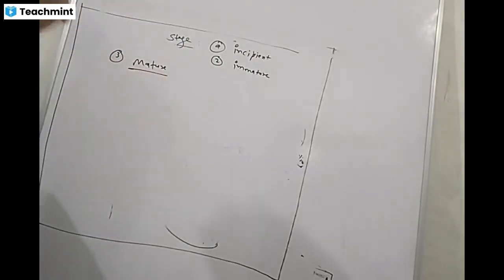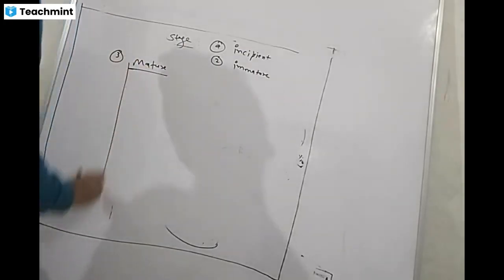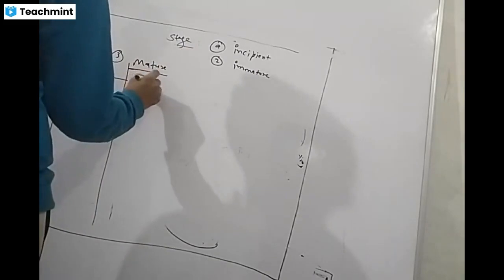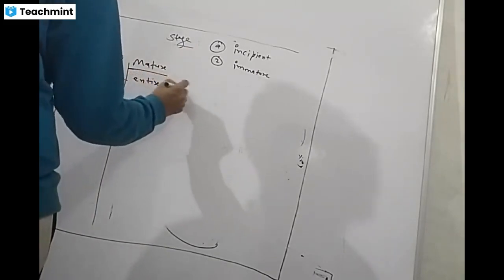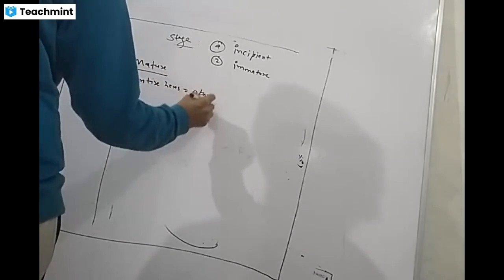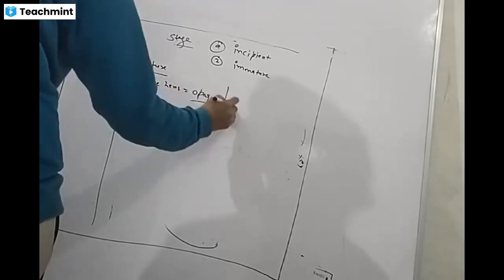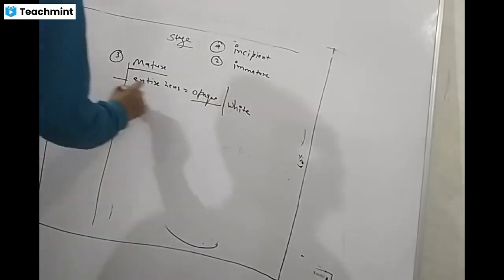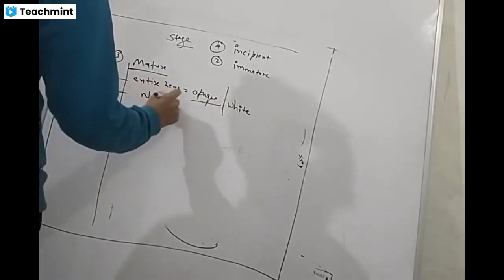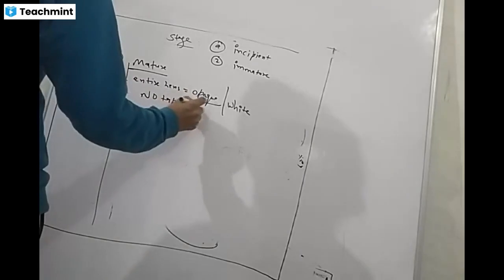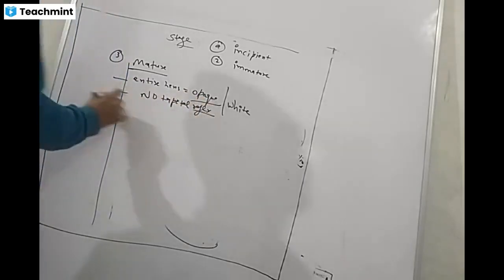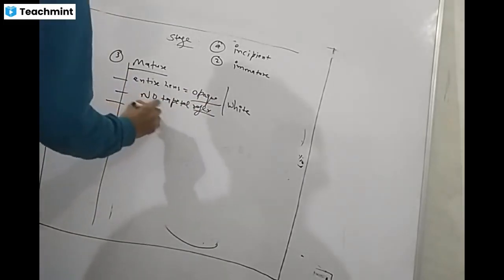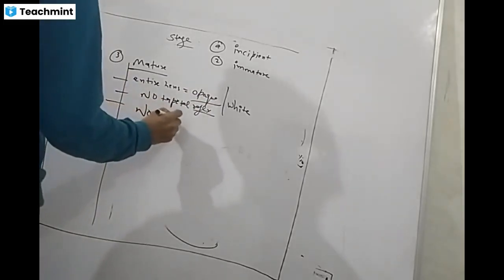In the mature stage, the entire lens is opaque. Your entire lens is white. There is no tapetal reflex; the tapetum will not respond to the light. The entire lens is white, therefore no vision is present.